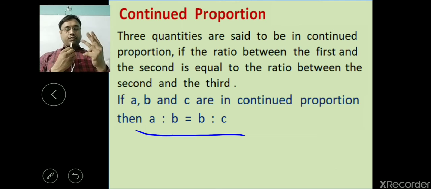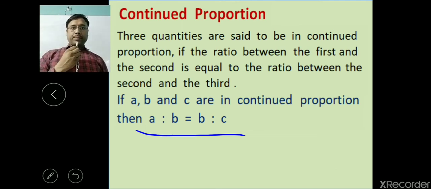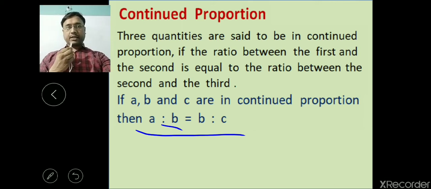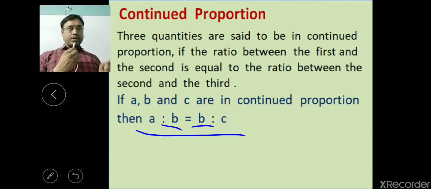If you consider four numbers which are in proportion, here also the four numbers are in proportion, but the difference is that the middle two terms are the same. That means the second term of the first ratio and the first term of the second ratio are the same.